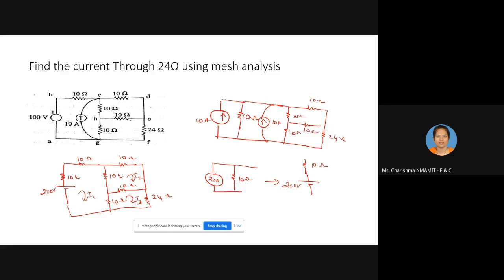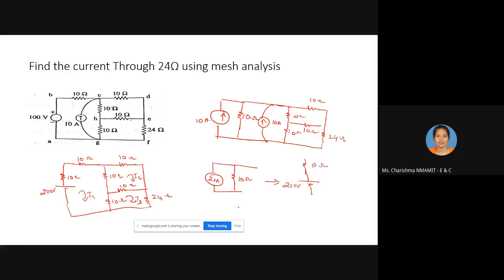Are there any doubts here? Now we apply KVL to each mesh.